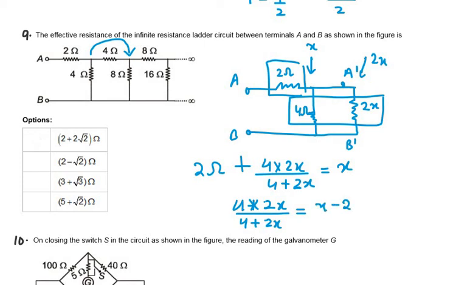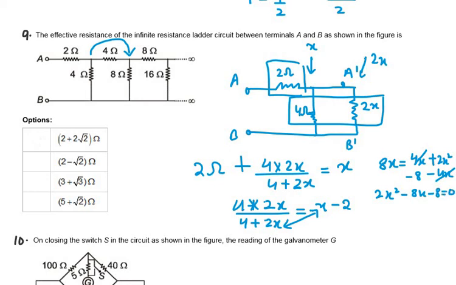Now what we will do is, on the left hand side we have 8x, on the right hand side we will multiply these two. So we will get 4x, first term with first term, with second, so plus 2x square. Then second term minus 2 with 4, so it will be minus 8. Then minus 2 with 2x, so it will be minus 4x. Minus 4x gets cancelled out. So we are left with 2x square minus 8x minus 8 equals 0.